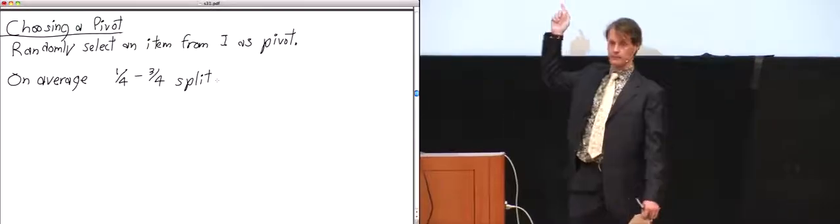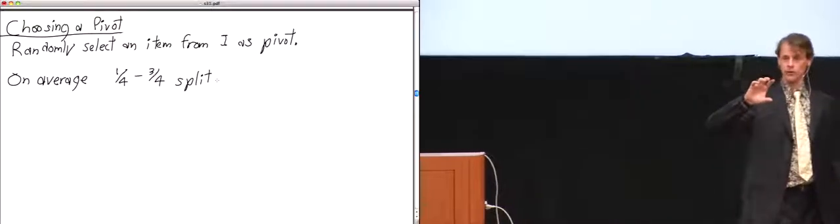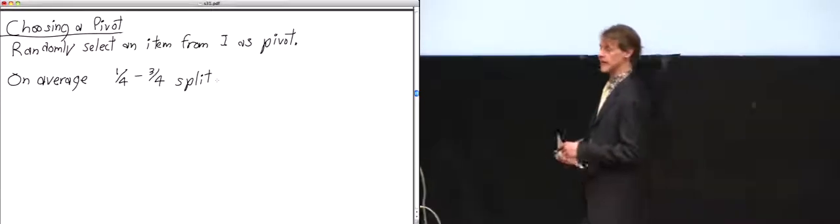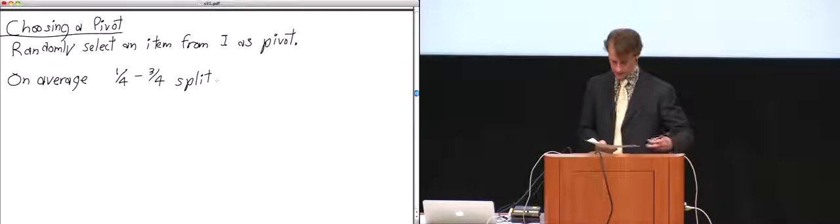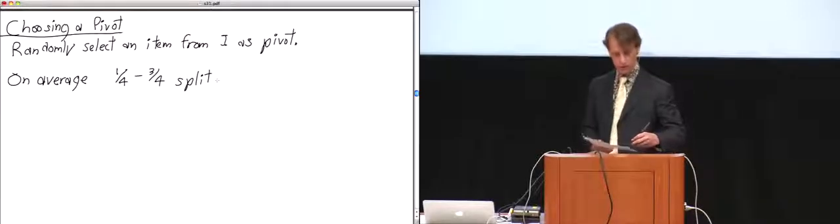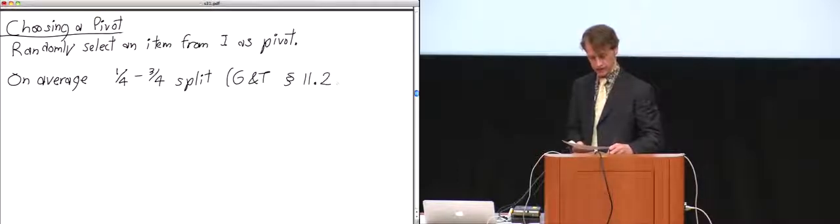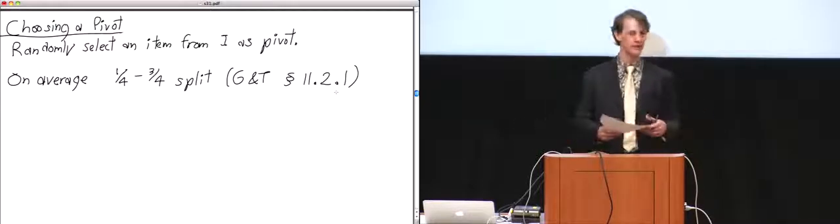But even though it's unbalanced compared to merge sort, and that means you might get a deeper recursion tree, quicksort has some advantages that still make it faster for sorting arrays. If you want to know why you get a 1/4, 3/4 split on average, I'll just mention that Goodrich and Tamassia have an explanation of that in section 11.2.1 of their book, if you have the 5th edition.